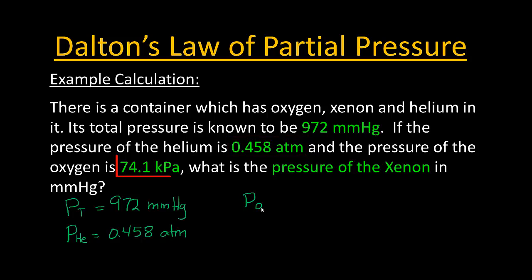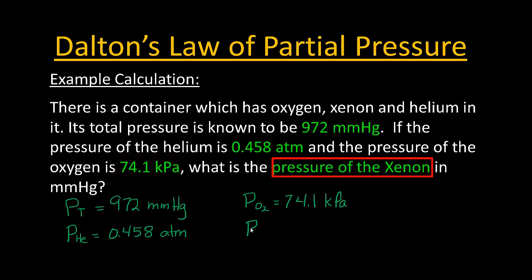And the pressure of the oxygen gas, which is O2, is 74.1 kilopascals. And we are looking for the pressure of xenon, but we specifically want it in millimeters of mercury. Now if you notice, there's only one of these gases in millimeters of mercury, and that is the total pressure. We need to convert the helium pressure and the oxygen pressure into millimeters of mercury.